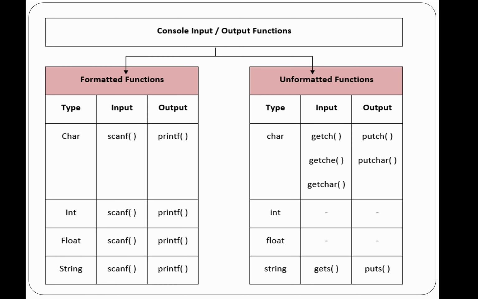If you are confused about what a control string or format specifier is, I will make a separate video, because the format specifier differs based on the type of the data. Percentage d is for integer, percentage f is for float.